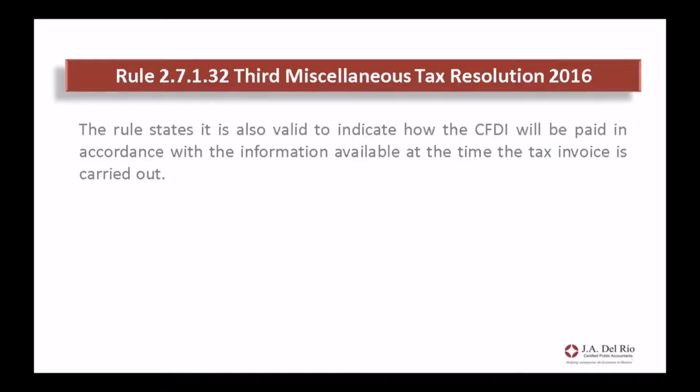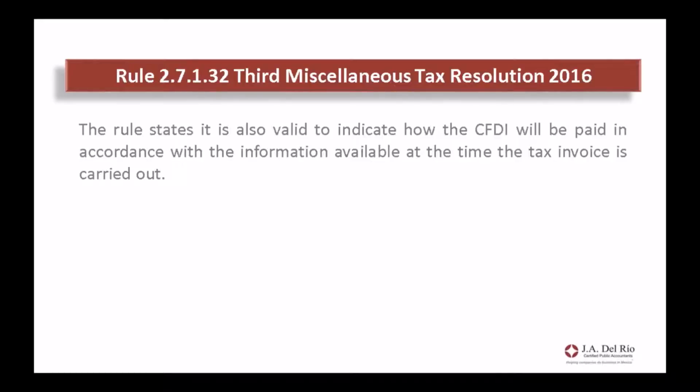So they may ask, even though using the information available at the time, it's possible that they have their internal criteria to always use the exact method of payment. So it's possible that they could request us to go back and change the XML to have it match with the actual method of payment.